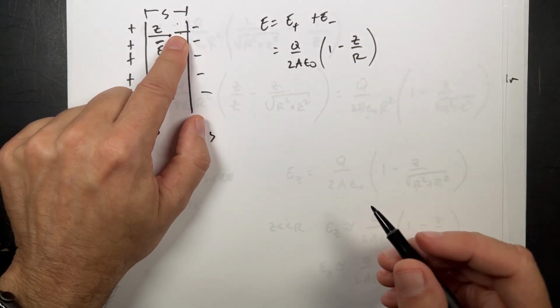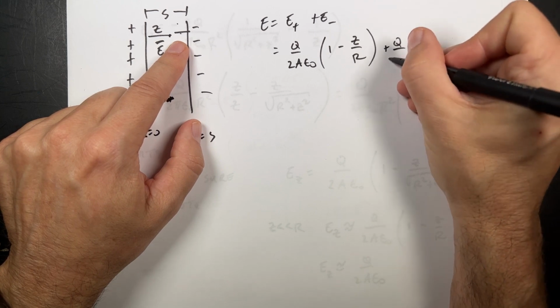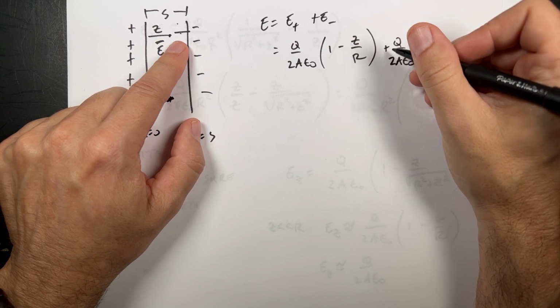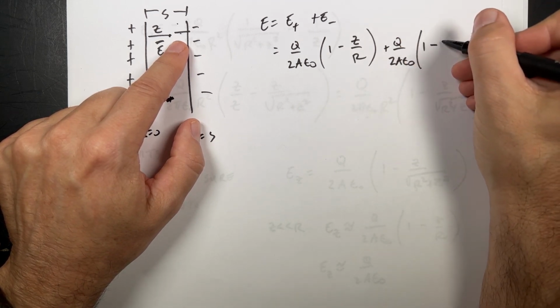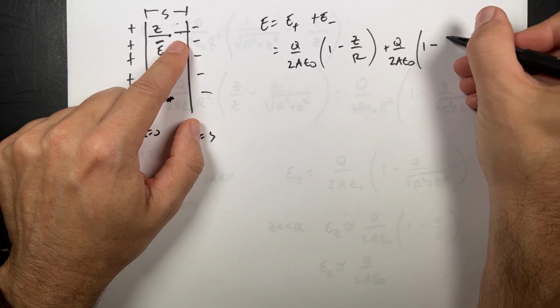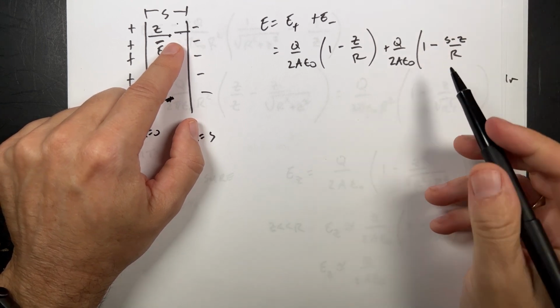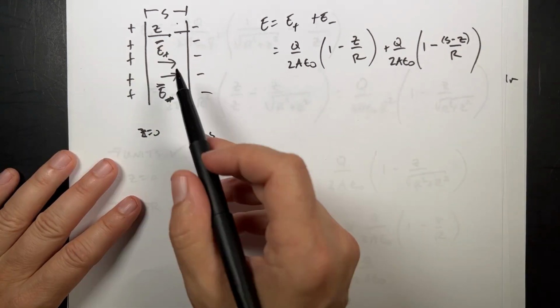So I get plus Q over 2A epsilon naught. I've already included the direction. 1 minus, S minus z, over r, right? S minus z in parentheses. So that's the distance from here.